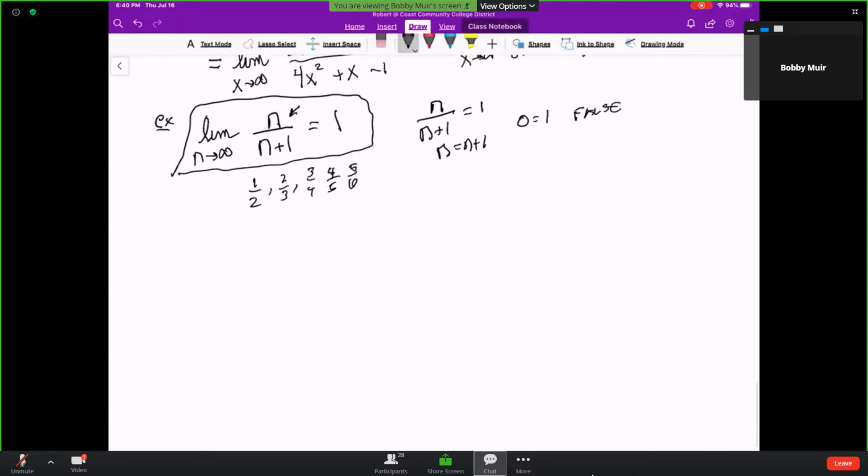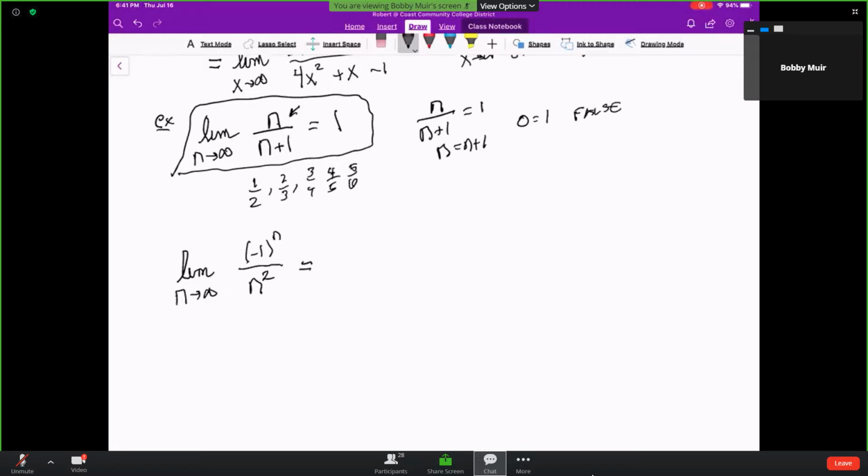So with these kind of guys, what would be the limit of this sequence of numbers as n goes to infinity? Negative 1 to the n over n squared minus 1, as n goes to infinity. Negative 1, isn't it?